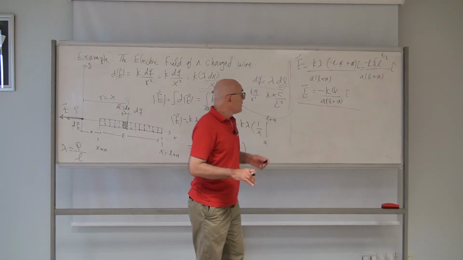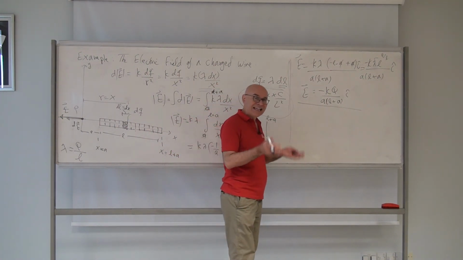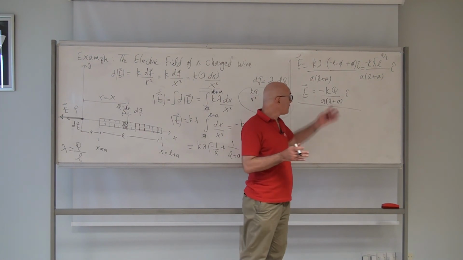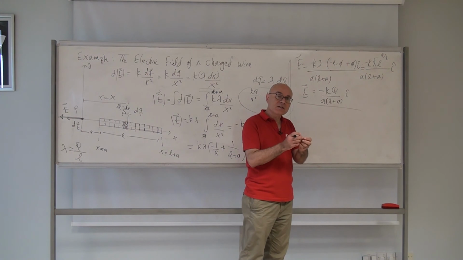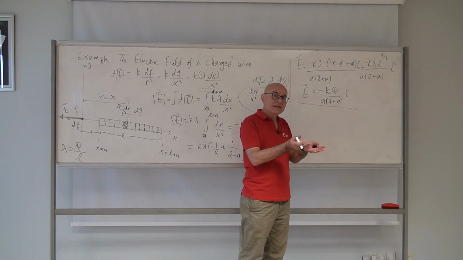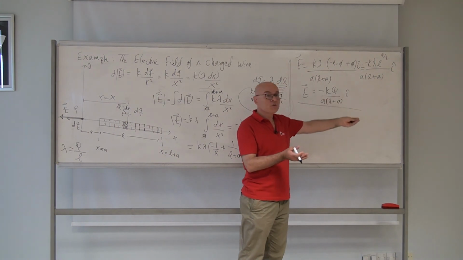Okay. Now, the last check will be to consider a limit of this expression, so that the system reduces to a system whose answer you know, and find if it really gives you that expression.